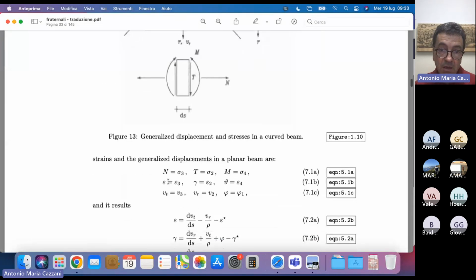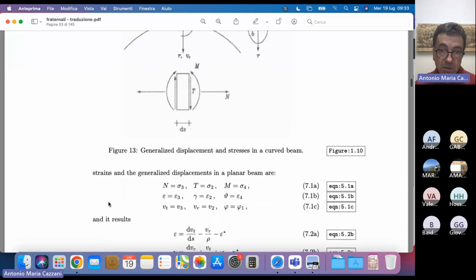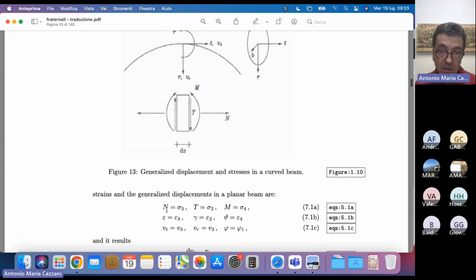So in particular, what are the generalized components of the pseudo vector sigma? The third component is the axial force. The second component is the shear force. And the fourth component is the bending moment acting on the normal plane.